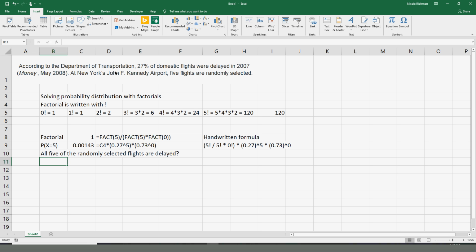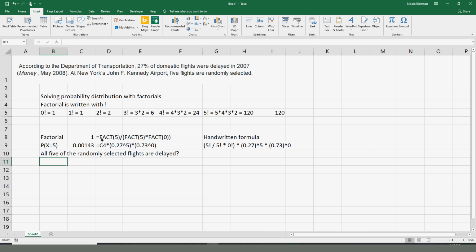And then the percentage of flights that are delayed to the power of how many flights we want to know with the probability. So in this case, it's 5. Okay. So this tells us 27% chance to the power of 5 flights being delayed, and then 73% chance to the power of 0 flights being delayed. That's just 1 minus 0.27. So the opposite.